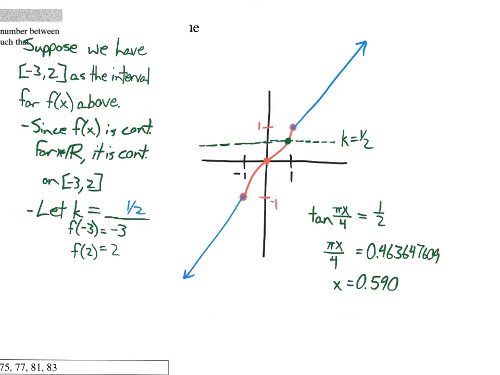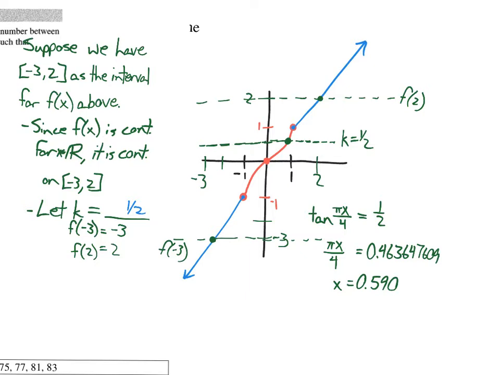For our intermediate value theorem, our interval went from -3 to +2, and on the y-axis that means it was going from -3, so that was this point here, up to +2 here. So here's f of 2, and this right here was our f of -3. So we knew k was between those two.